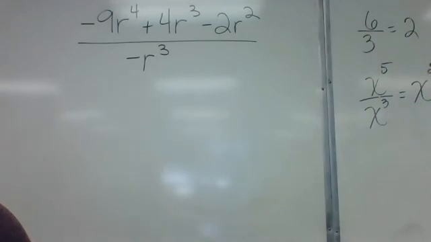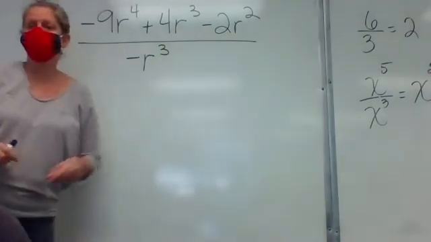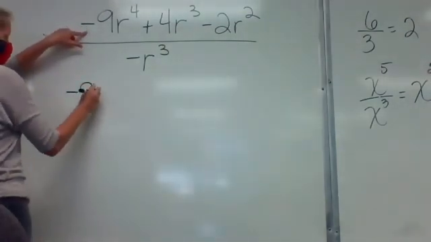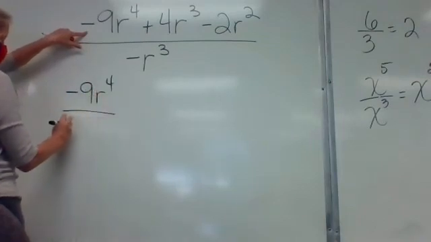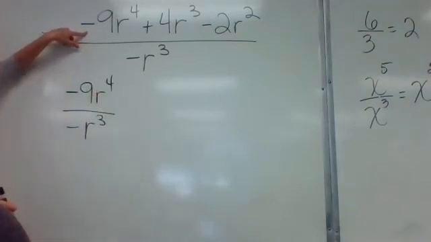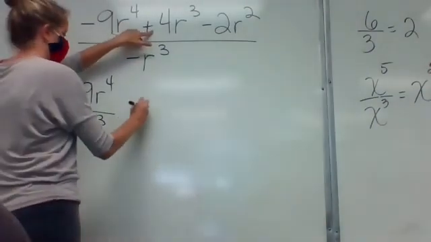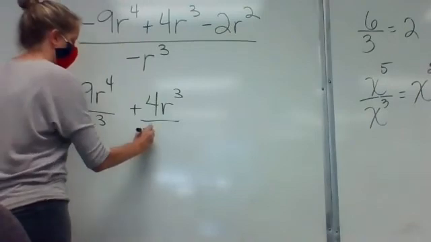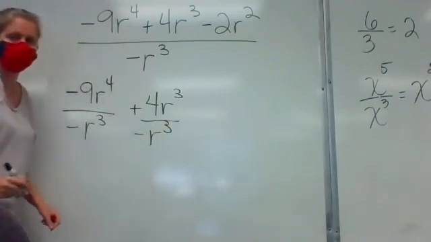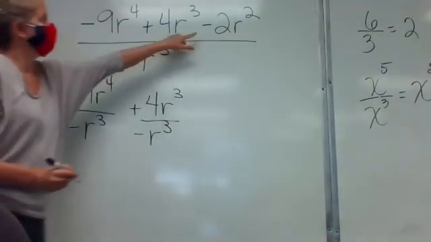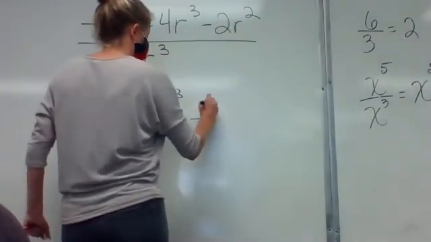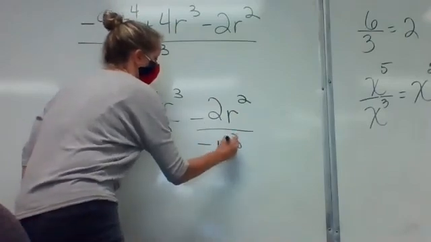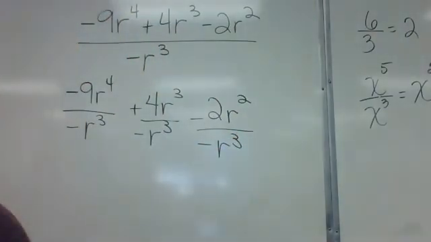So I'm going to rewrite and give everybody a negative r to the third in the bottom. So I've got negative 9r to the fourth over negative r to the third plus 4r to the third over negative r to the third minus 2r squared over negative r to the third.